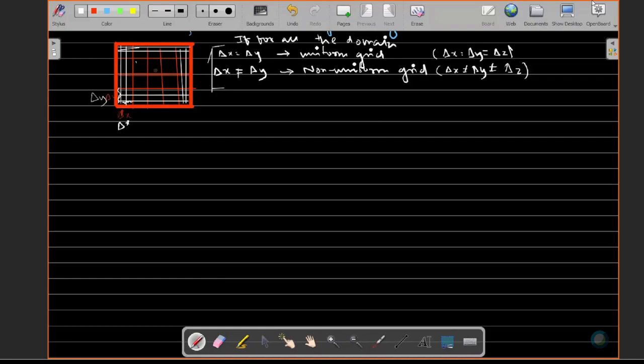Now there is another difference when you talk about grids. It's called structured grid and unstructured grid.